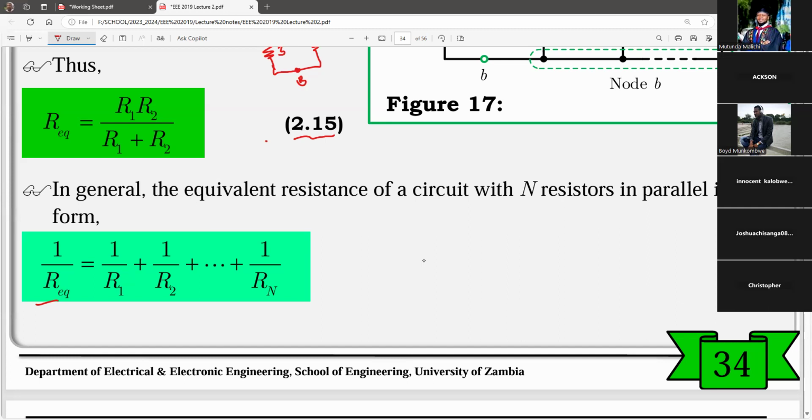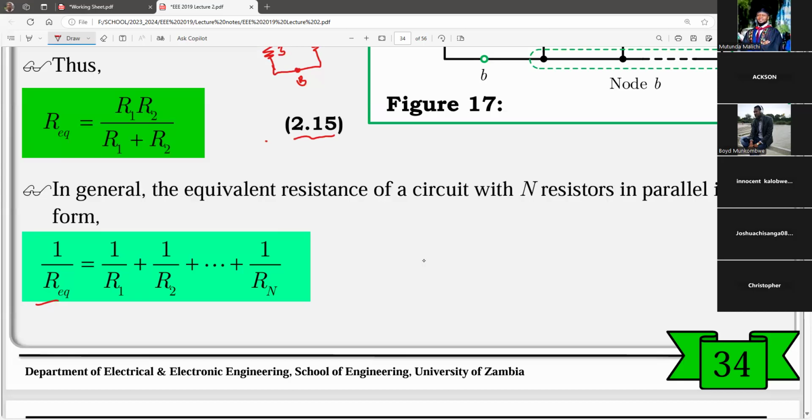So in short, the reciprocal of the equivalent resistance is equal to the summation of the reciprocal of each individual resistor.